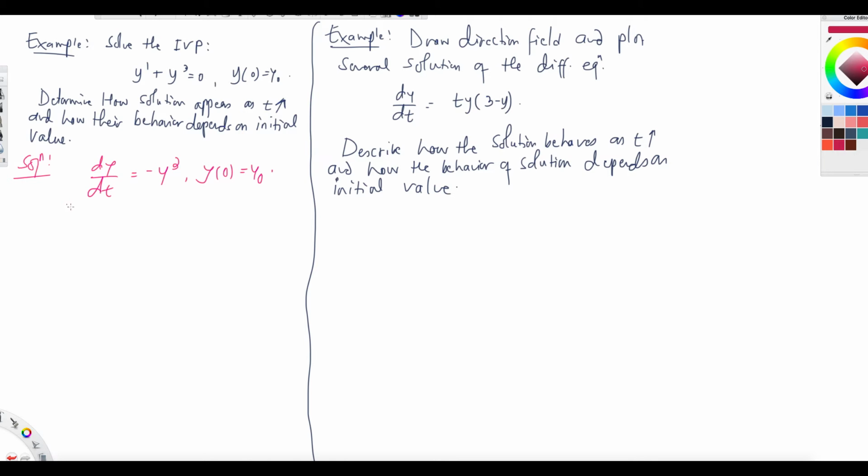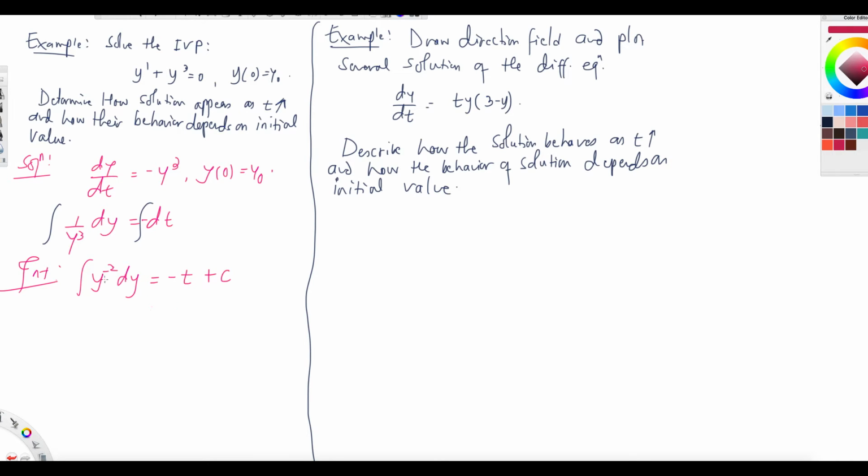This can be written in variable separated form: 1 over y cubed dy equals negative dt. Then we integrate both sides. This becomes y to the negative 3 dy equals negative t plus c.